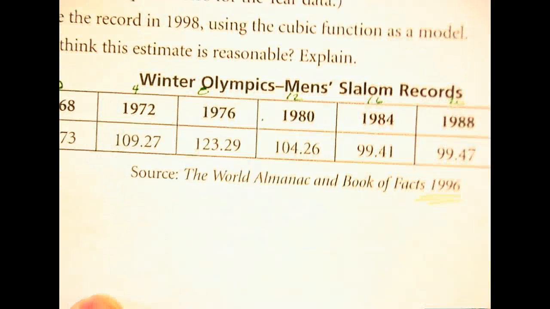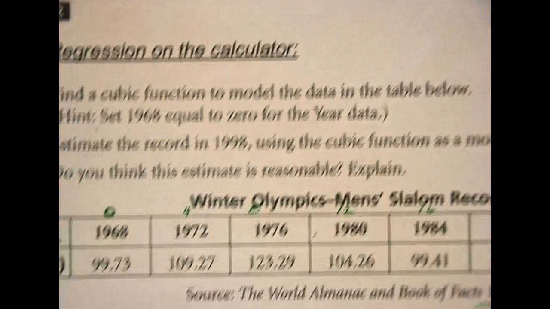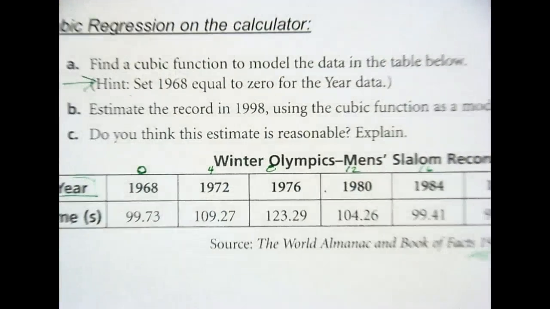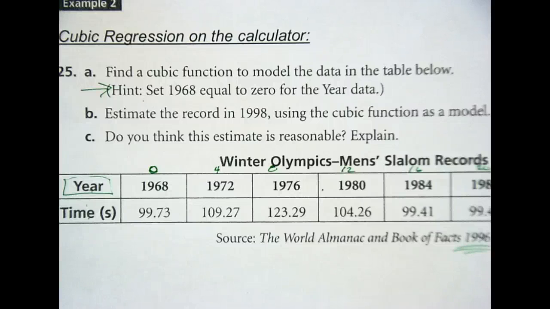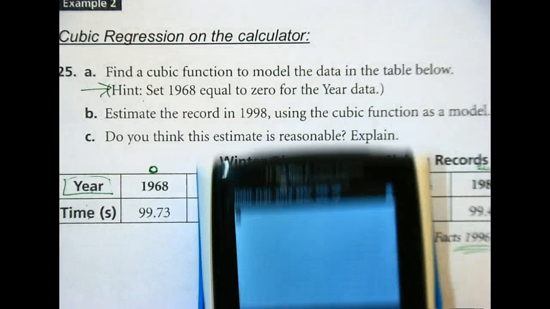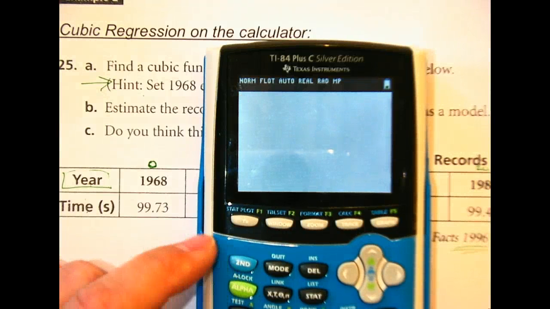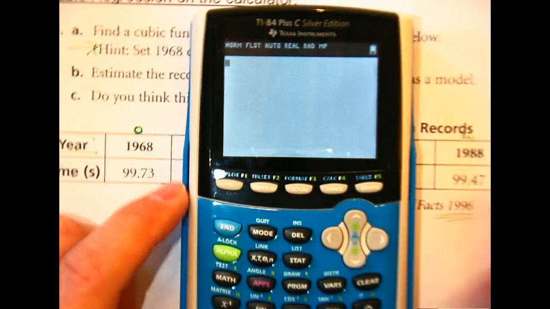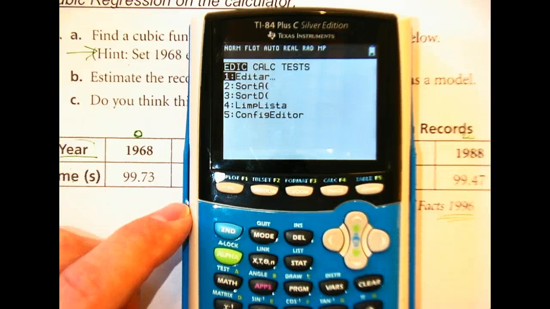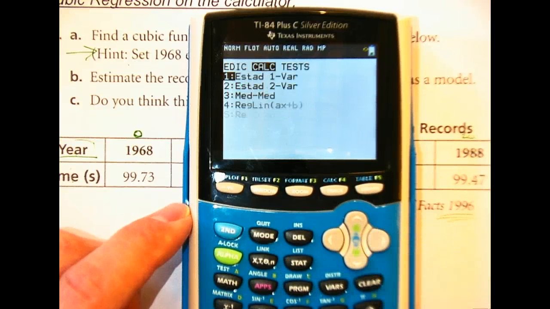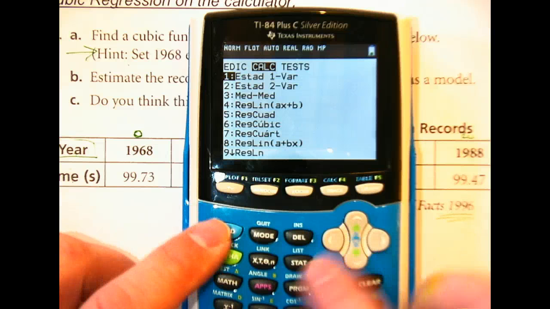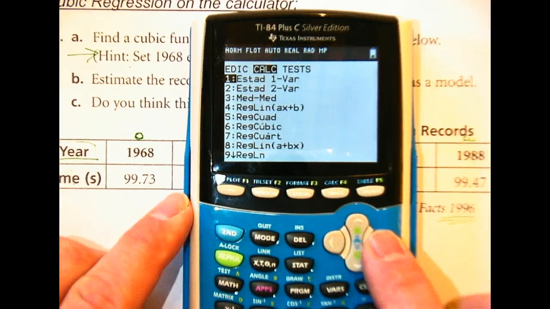Okay. It says find the cubic function to model the data in the table below. Well, we're going to find the cubic function by calculating cubic regression. Now, they tell us it's cubic. That's how we know we're going to do that. What we need to do is go to stat, calculate. So click stat, arrow over to calculate.